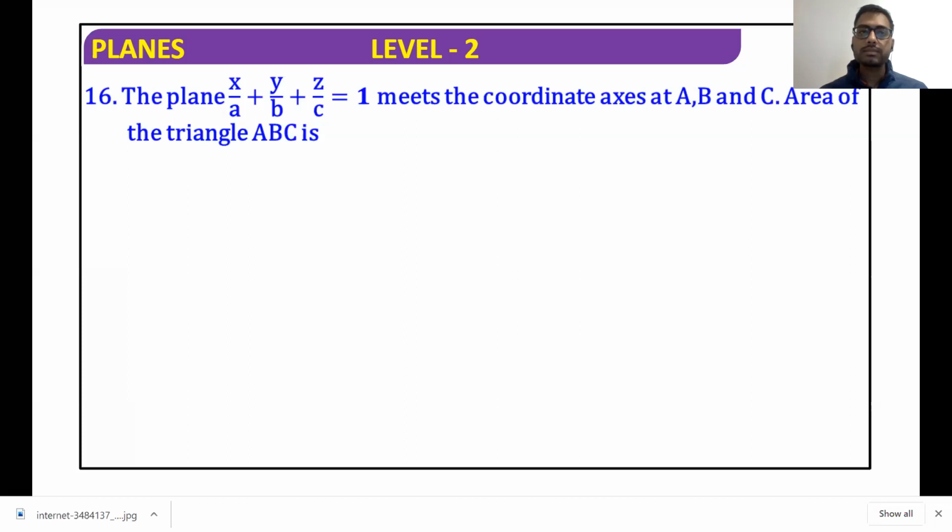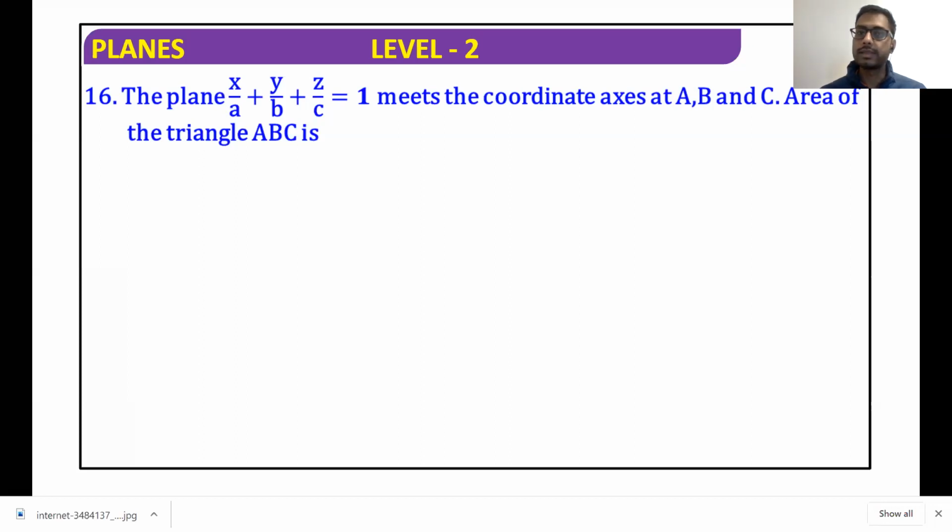Next question. The plane x by a plus y by b plus z by c is equal to 1. It meets the coordinate axes at A, B and C. So the x-intercept, y-intercept, z-intercept are a, b and c. I have to find the area of the triangle. The area of a triangle formula is half into base into height.